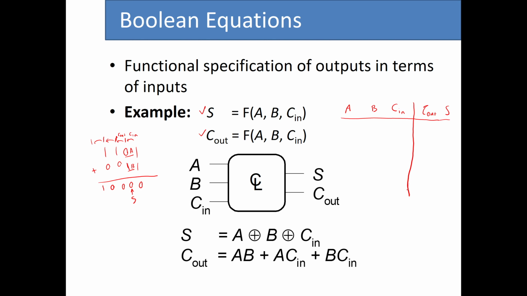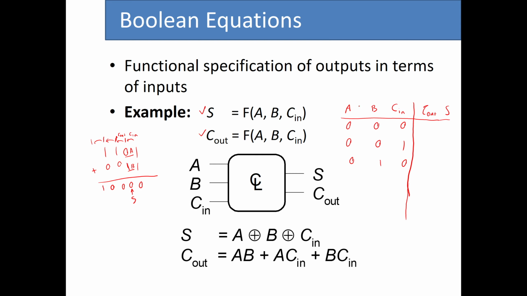If we have this truth table, and I provide all the possible combinations, again I'm counting from 0 to 7.